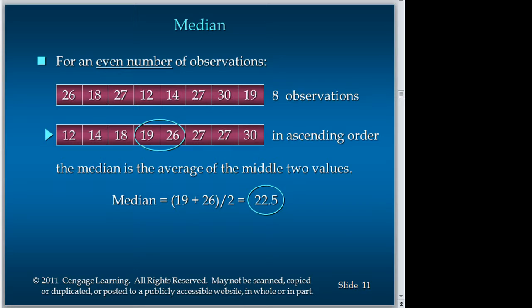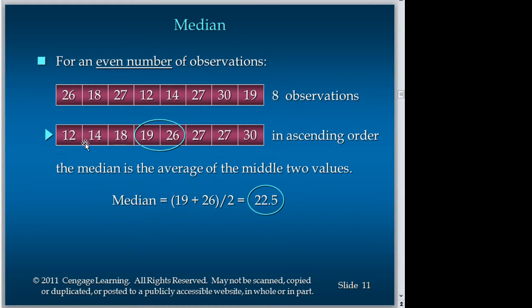So you pick these two and then get the average from these two, and that would be your median value, right? So 19 plus 26 divided by 2, and that's 22.5, even though that number doesn't exist as one of the sample values, but median should be the middle number right there.